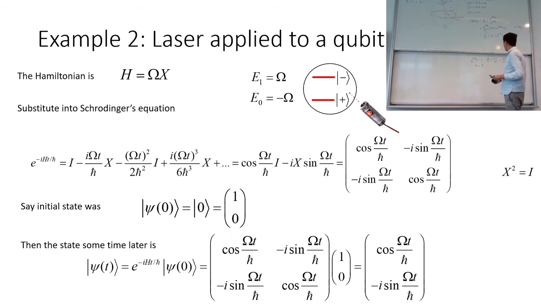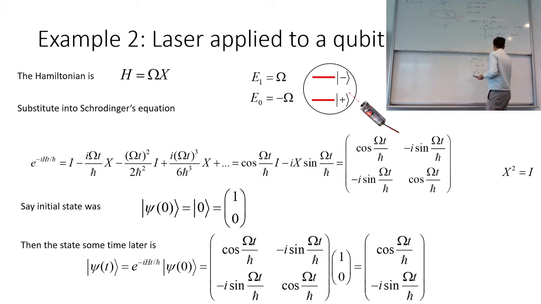So imagine if H is just our matrix X. As I said, the powers of a non-diagonal matrix are in general complicated, but there's one simple fact that you can use that actually simplifies this a lot.